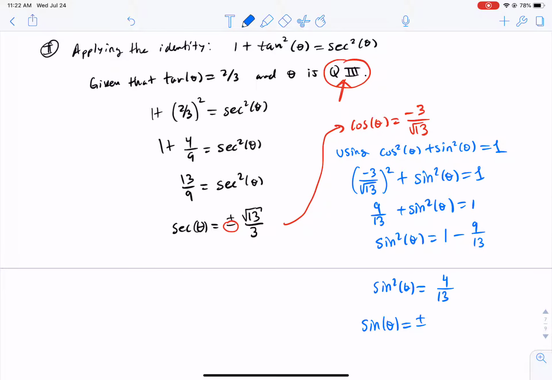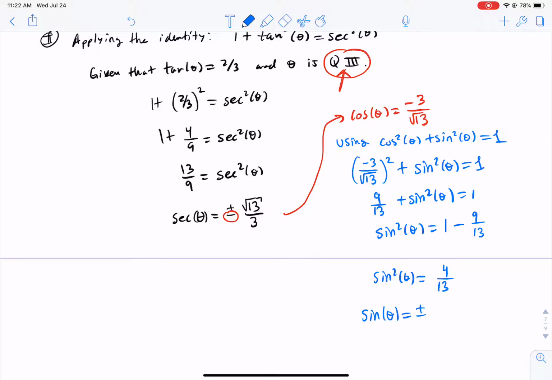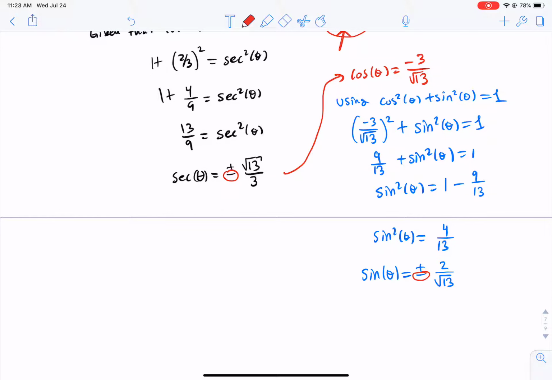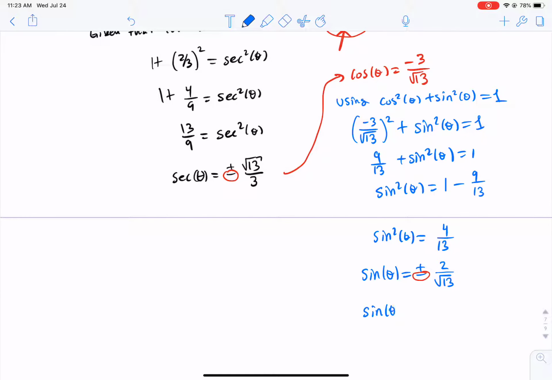But we decide on the negative one because theta is in quadrant 3. So we get that sine theta is negative 2 over radical 13, and so we get the answer for that as well.